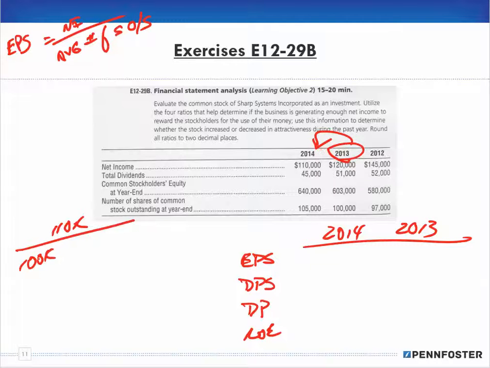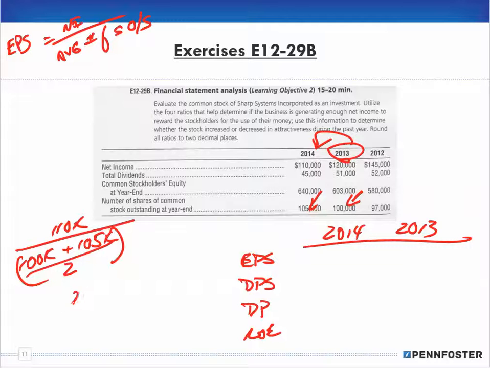So for 2014, I have 100,000 as my beginning, which is the ending of 2013, and 105,000 is the ending of 2014, which becomes the beginning of 2015. And since it's an average, it's divided by 2.